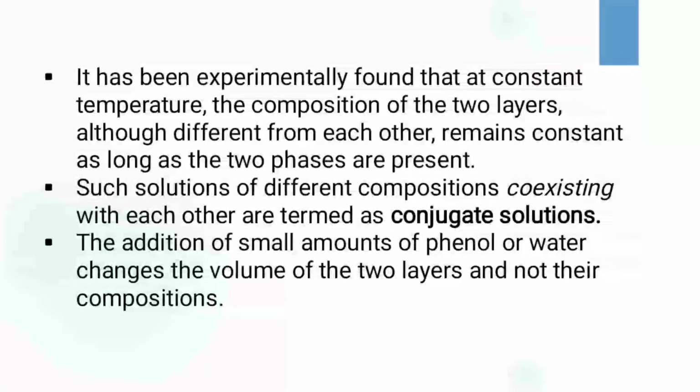Then, it has been experimentally found that at constant temperature, the composition of the two layers, although different from each other, remains constant as long as two phases are present. Such solutions of different compositions coexisting with each other are termed conjugate solutions. The addition of a small amount of phenol or water changes the volume of the two layers, however, it does not change their composition.